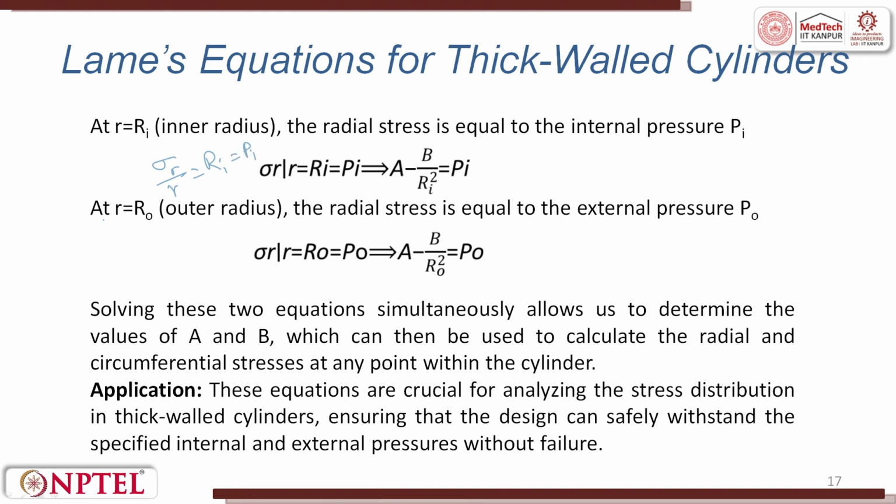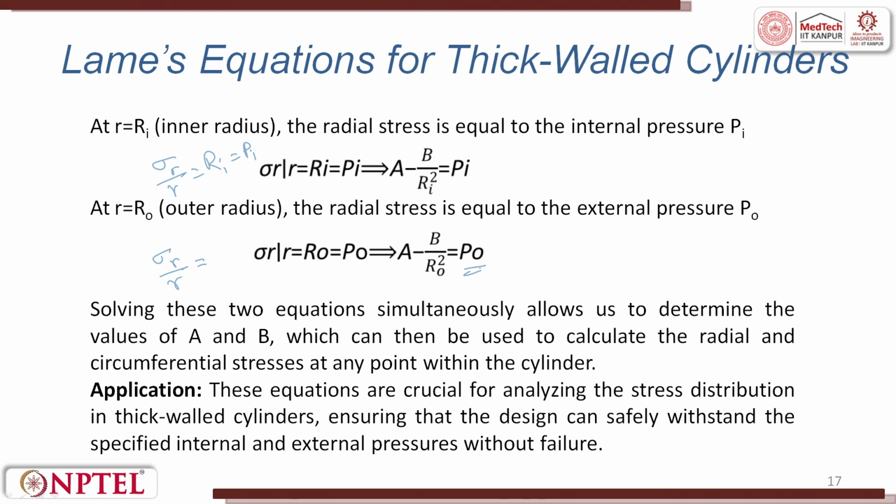Okay. So, when r equal to R naught, the outer radius, the radial stress is equal to the external pressure P naught, which is sigma r at r equal to R naught is P naught, and this is how the equation is.